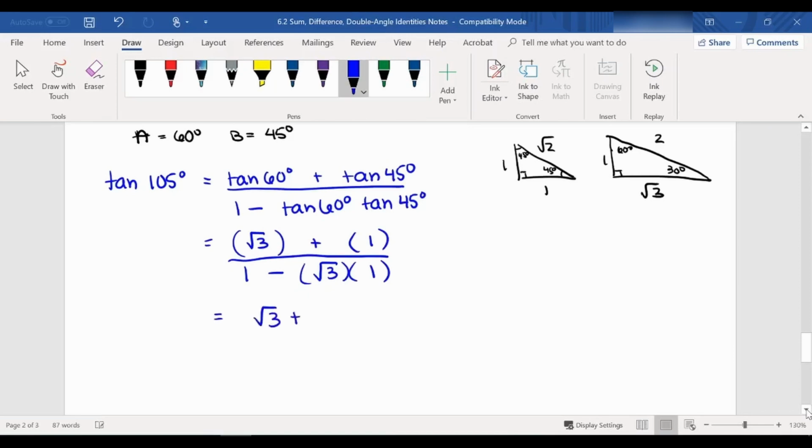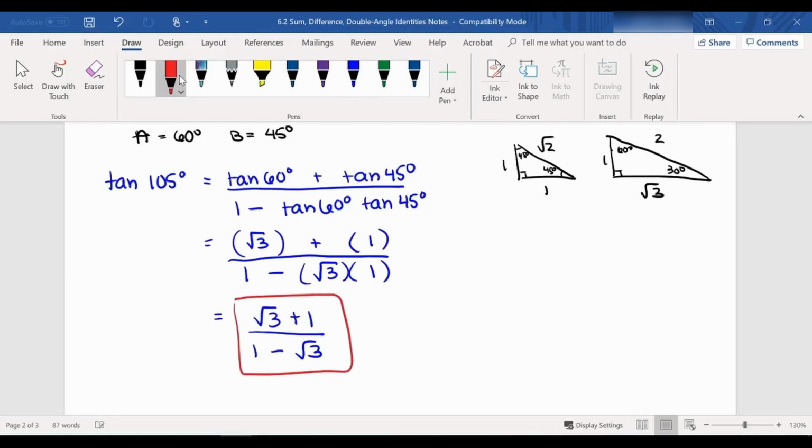Root 3 plus 1 over 1 minus root 3. And again, we can leave it like that. You could rationalize the denominator by multiplying by the conjugate if you wanted to, but you don't have to. It's an option here, but you can just leave it like this. Again, it's that exact value, so we do not want to plug this into a calculator. We would leave it with the radicals with the fraction.